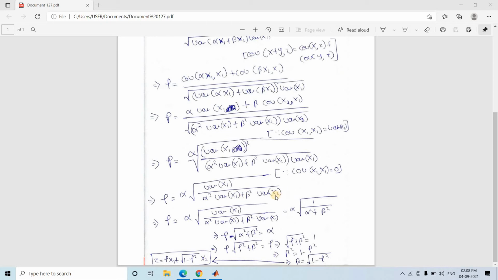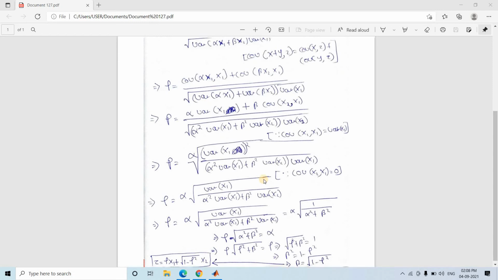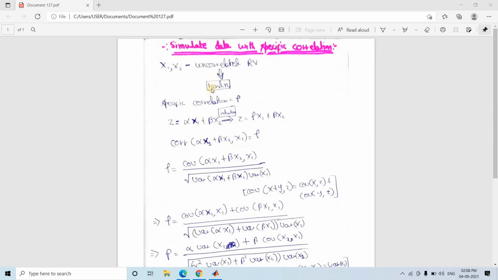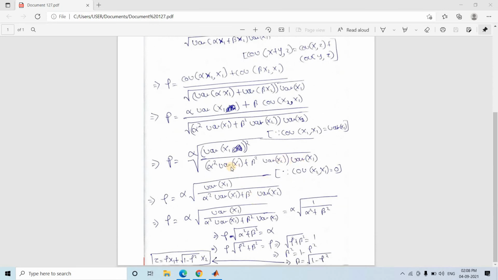Okay, right? Now if you see that initially x1 and x2, how we tried to generate with randn. randn will generate data with standard deviation 1, right? That is, variance of x1 equal to variance of x2 equal to nothing but 1. So in this particular equation, instead of variance of x2 we can put variance of x1, because variance of x1 is nothing but variance of x2, that is nothing but 1, because randn will generate all data having standard deviation 1, that means variance is 1.